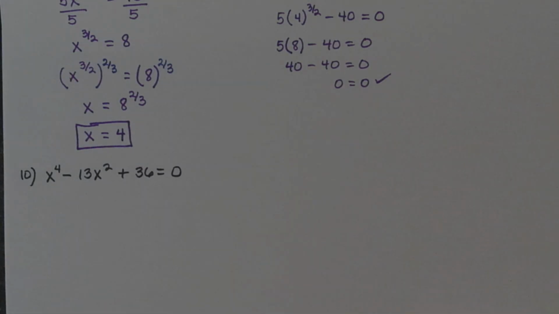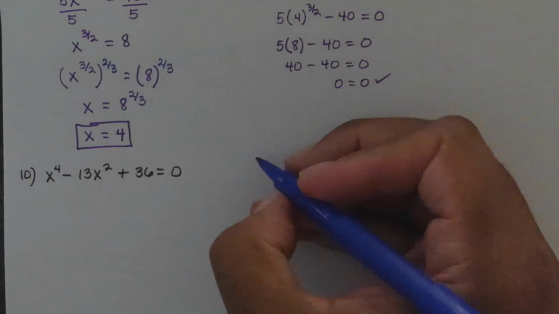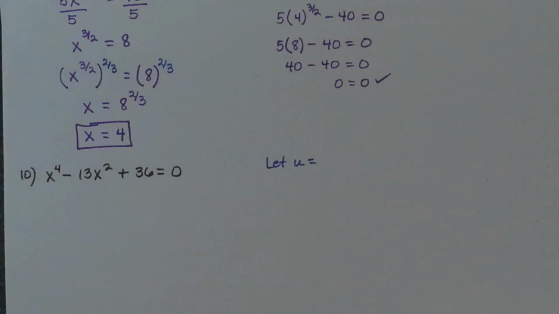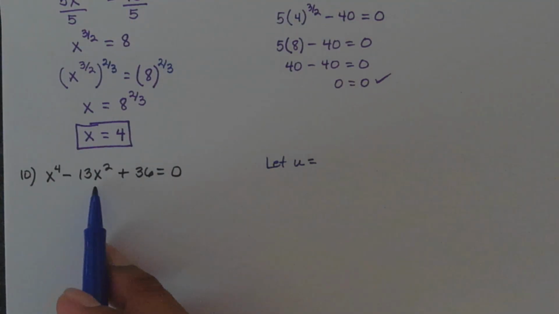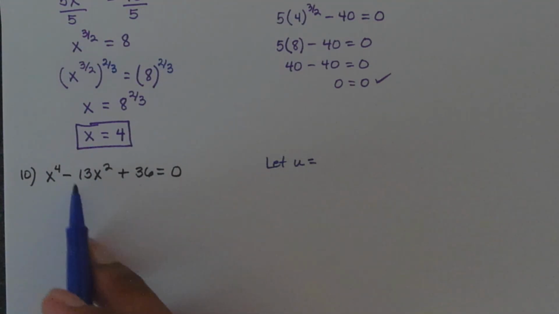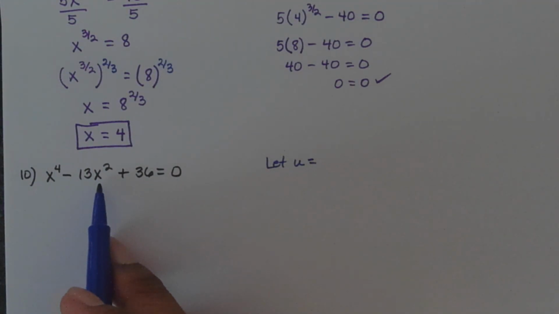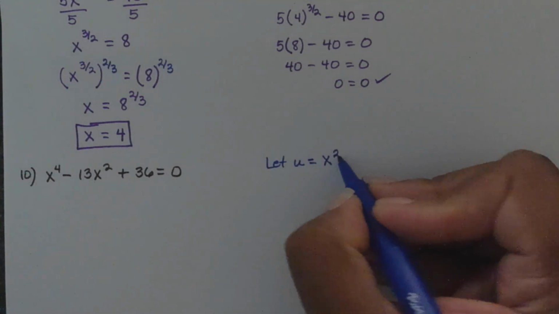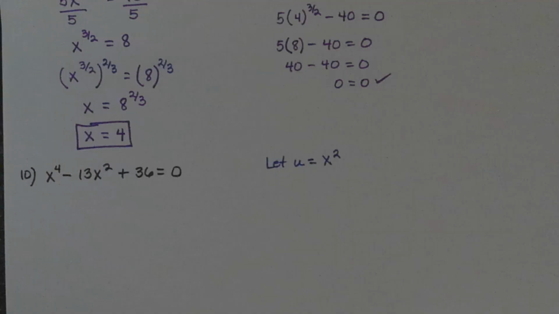So what that means here is this: I'm going to let u equal the variable of the middle term. Here's the middle term right here. That variable is x squared. So I'm going to let u equal x squared.